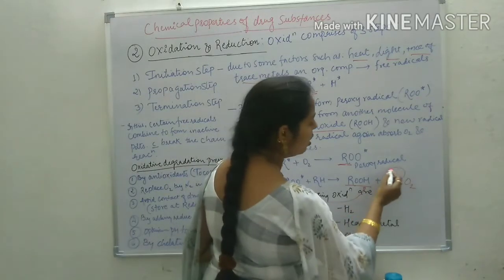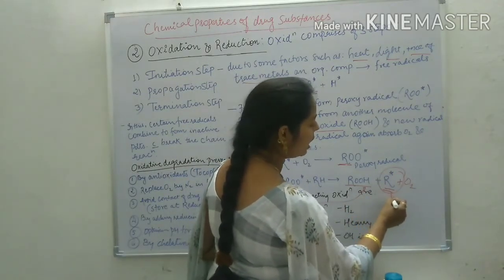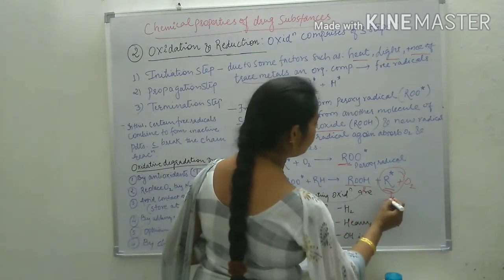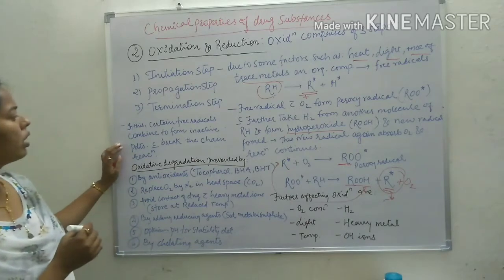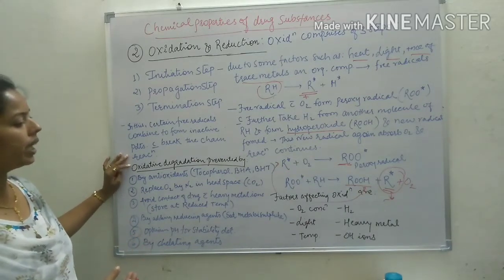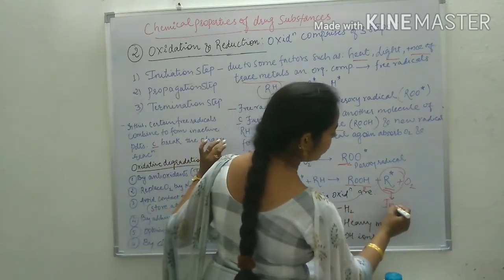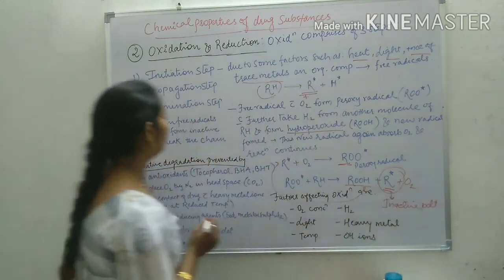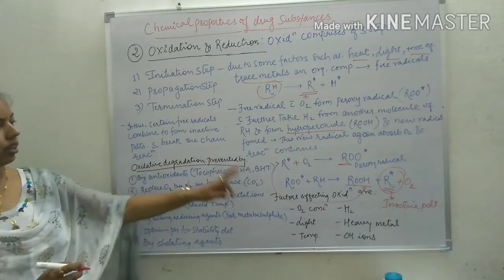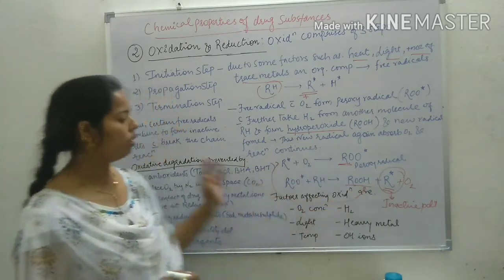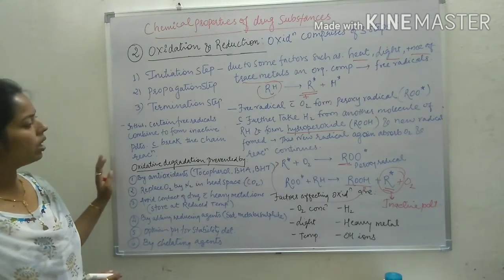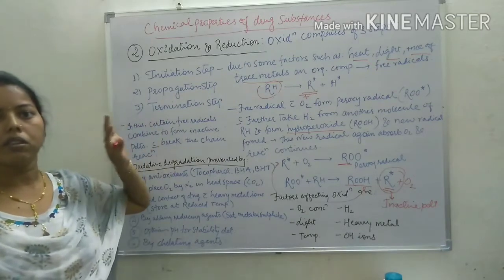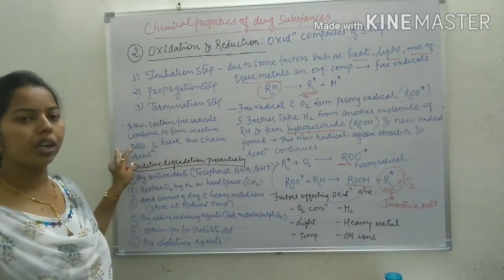This free radical will give you an inactive product, which breaks the chain of the propagation reaction. So these were the three basic steps of oxidative degradation.